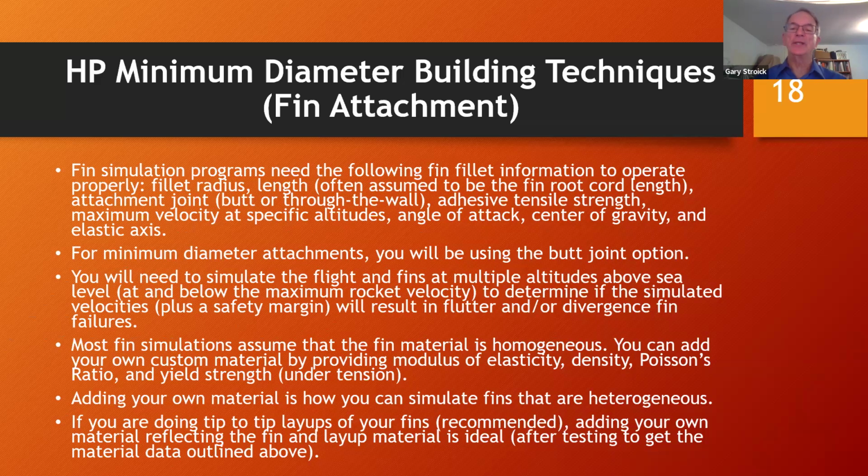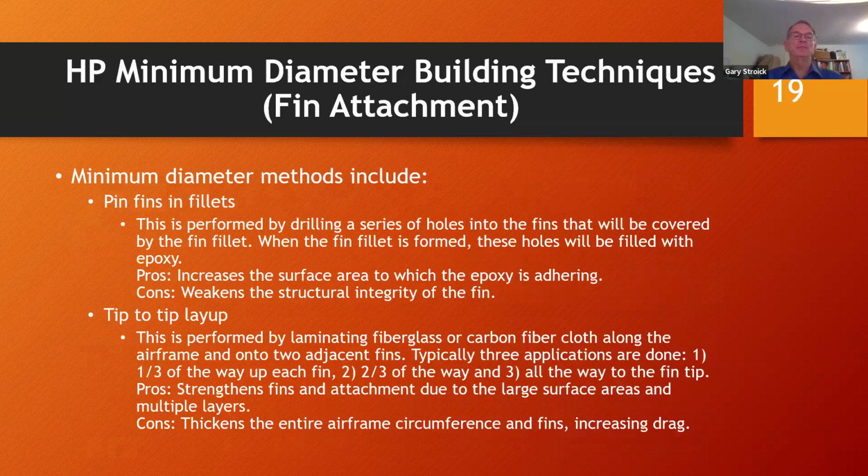I'll talk about what that is in just a minute, but in doing that, you're going to add additional layers to support and strengthen the fins and the joints holding them to the airframe. And as such, you're really creating, again, a material that's heterogeneous, not homogeneous. So we'd have to adjust some of these pieces of information in order to model that correctly for these fin simulation programs.